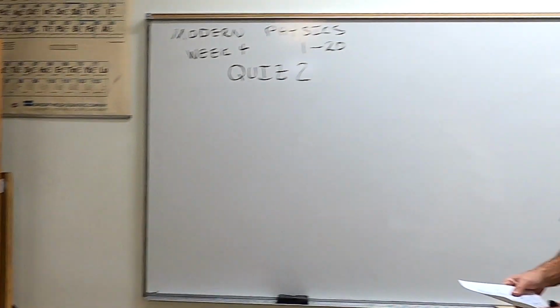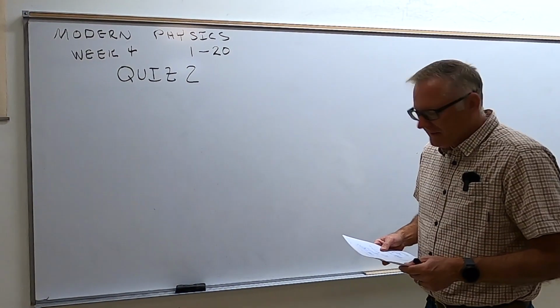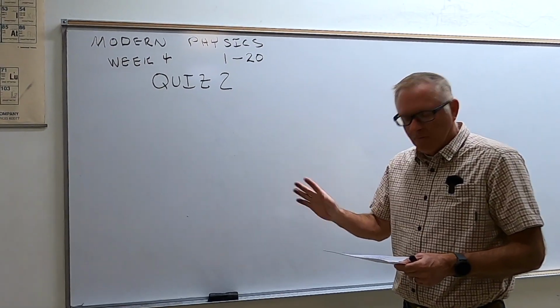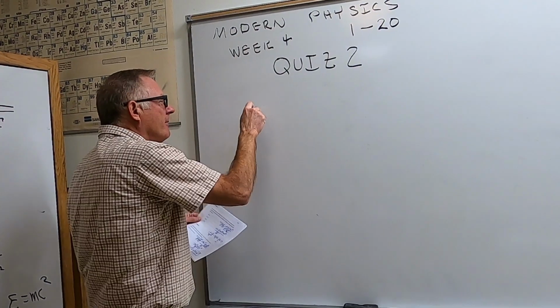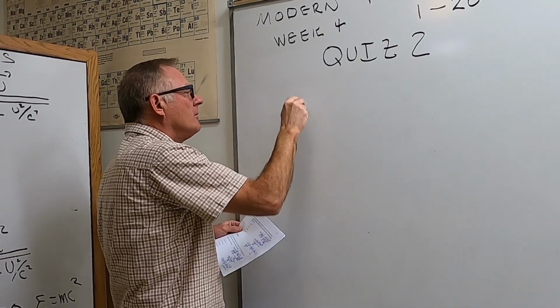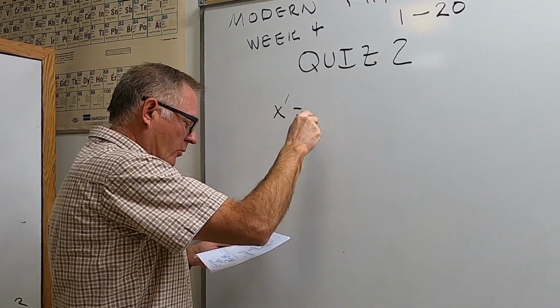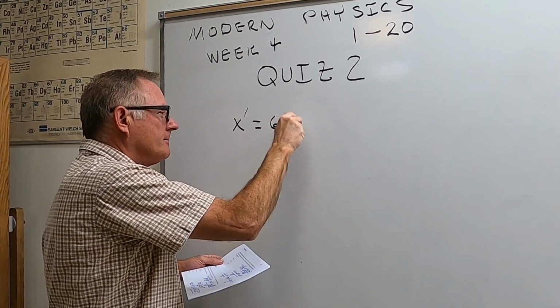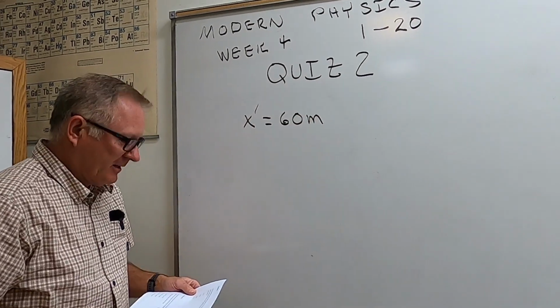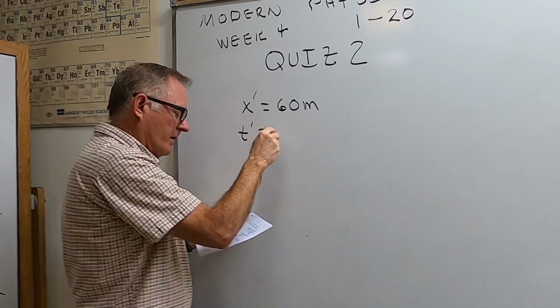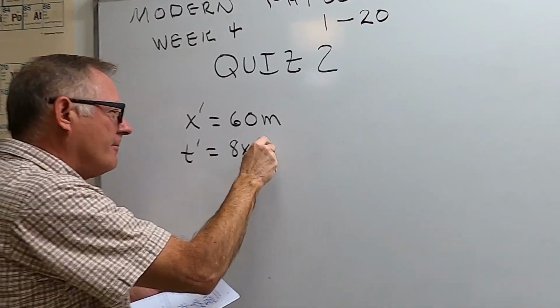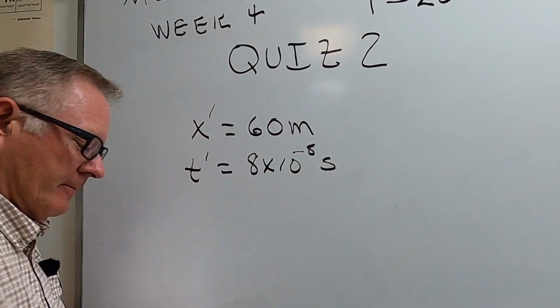And so now, going over quiz number 2, the question was, in our Frank-Mary system, an event occurred at x prime, which was 60 meters, so this is x in Mary's frame, and t prime was 8 times 10 to the minus 8 seconds.